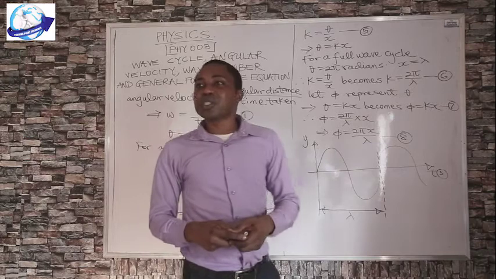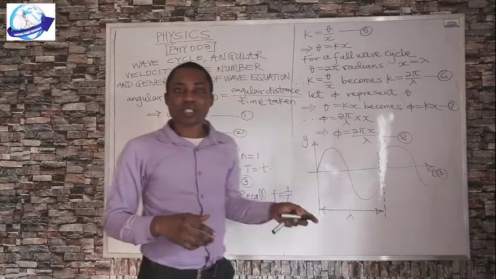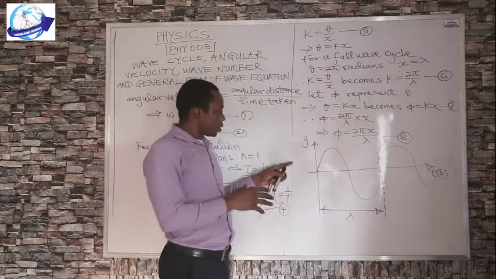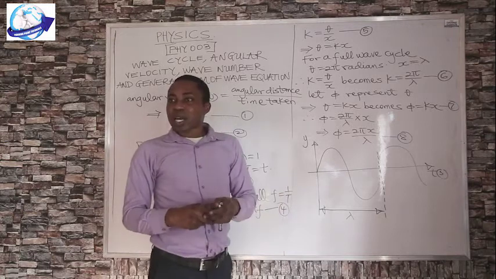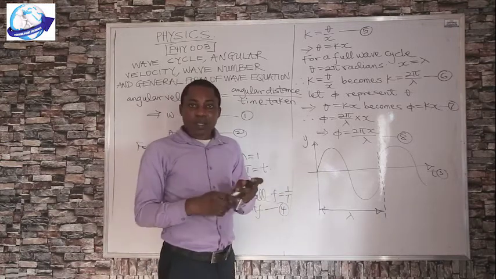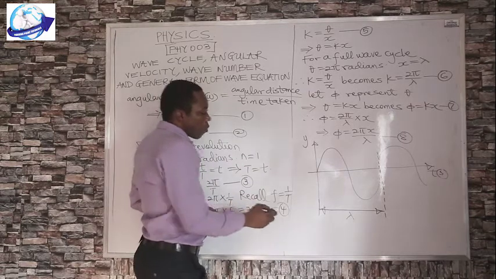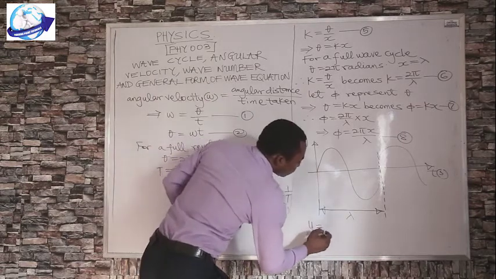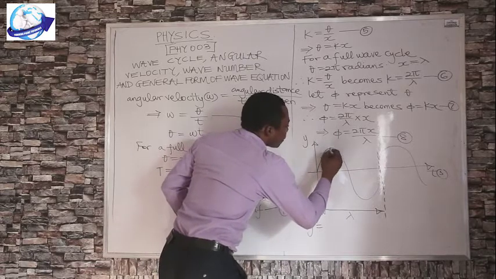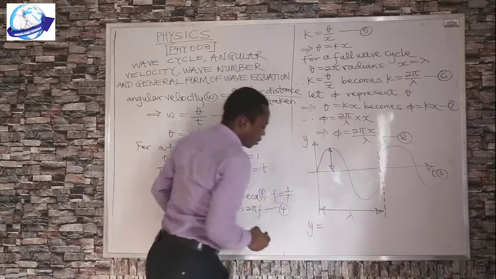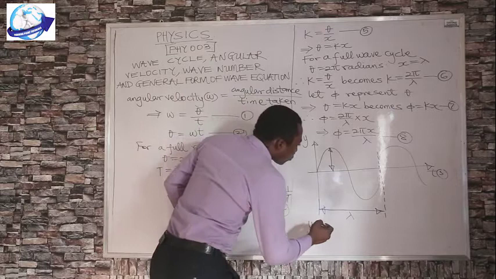Then looking at it from the origin, the pattern we have seen in this displacement-time graph is telling us that y, using the sine equation, is equal to a sine theta, where a is the amplitude, from here to here, of the wave equation.